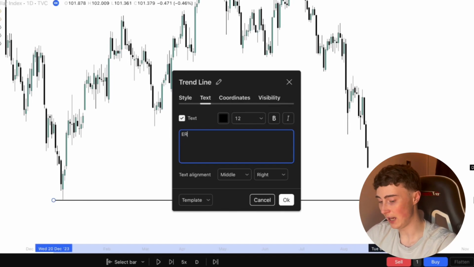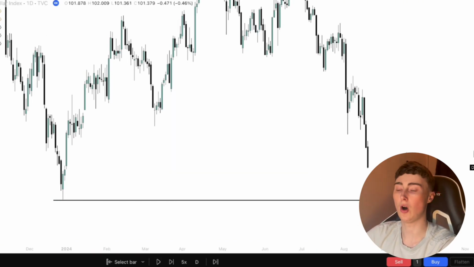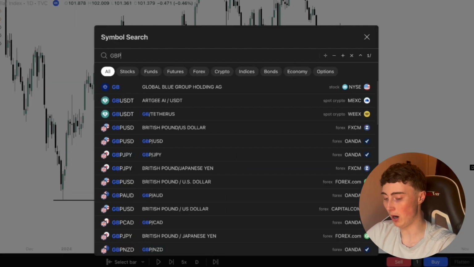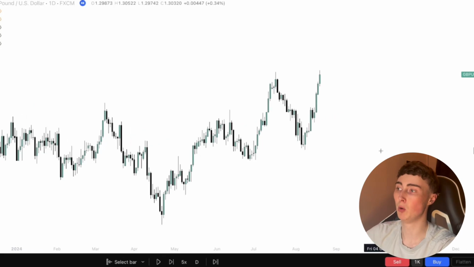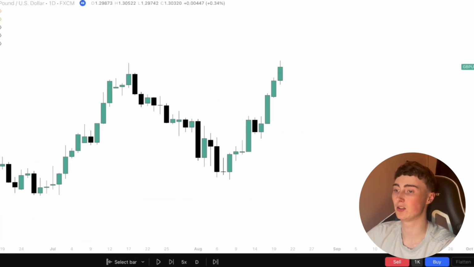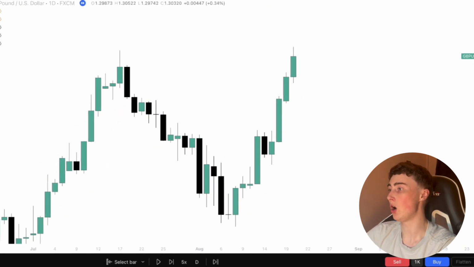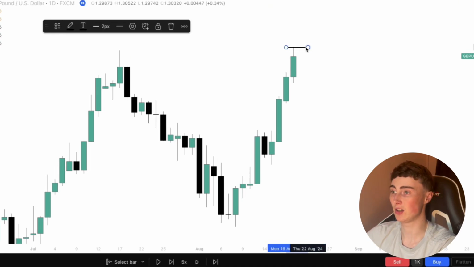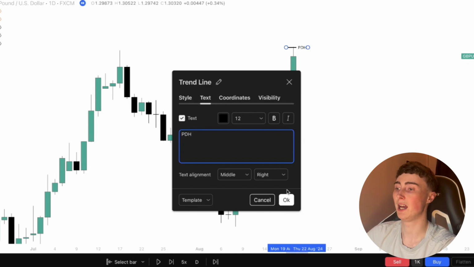So the fact that DXY is running towards a clear external range liquidity target means that we can buy GBP USD, and that the draw on GBP USD is bullish until DXY reaches that external range liquidity. So we're anticipating a bullish day, which means for the target, we're going to be looking at previous day's high. Okay, previous day's high in this example has an 86% chance of getting hit.